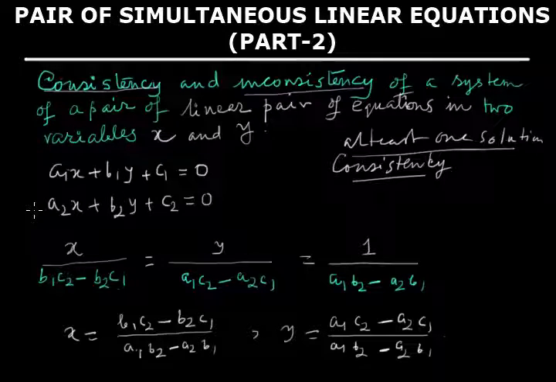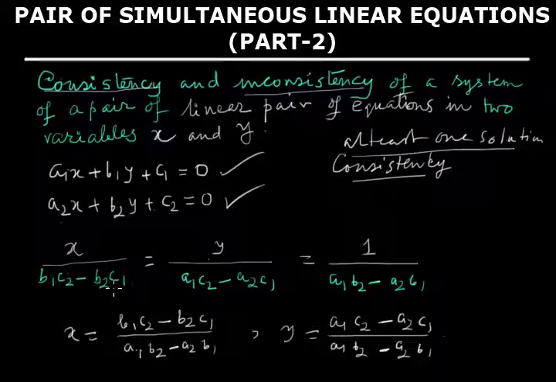So now if we take a pair of linear equations, one is a1x plus b1y plus c1 is equal to 0, and a2x plus b2y plus c2 is equal to 0, and if we solve them, we get two results. One is x is equal to b1 c2 minus b2 c1 by a1 b2 minus a2 b1.